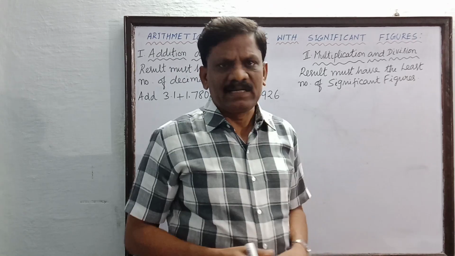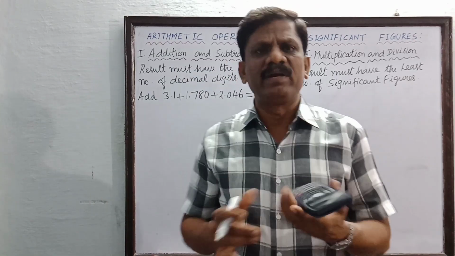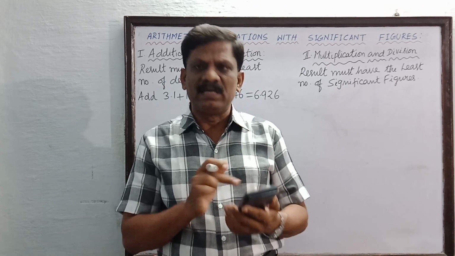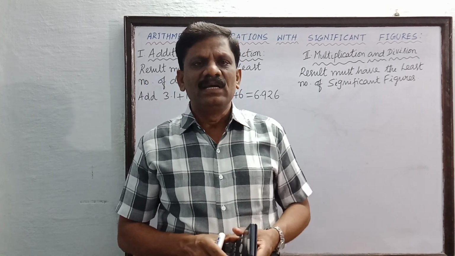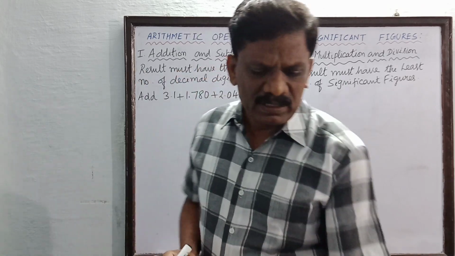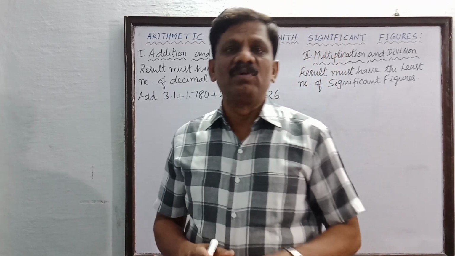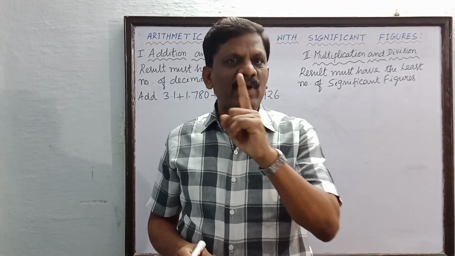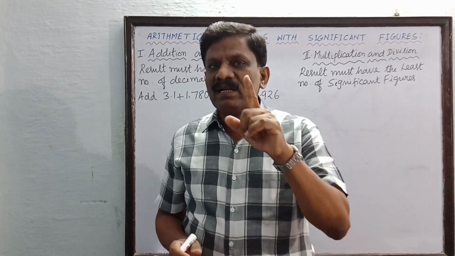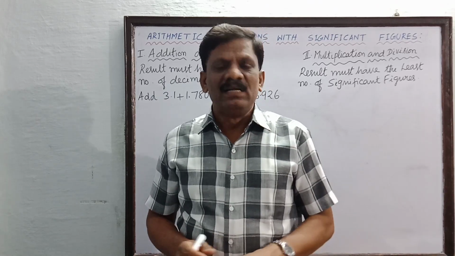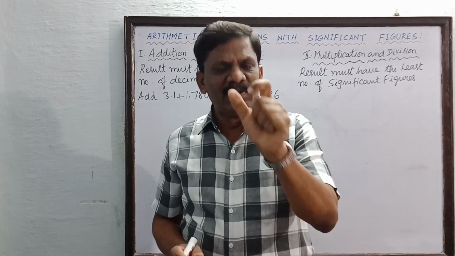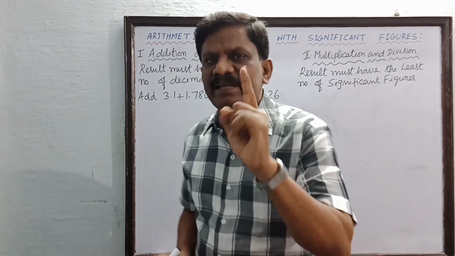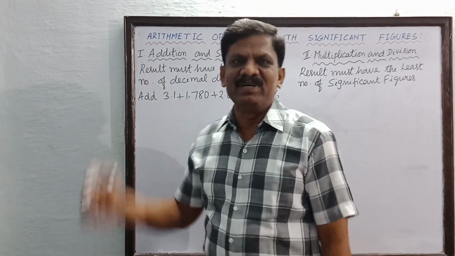So though it is the correct answer by calculator, I have checked with the calculator, the answer is 6.926. But all the 4 significant digits are not permitted here. The rule says when you add the numbers, the result must contain the number of decimal places which is the least among the 3 given numbers.